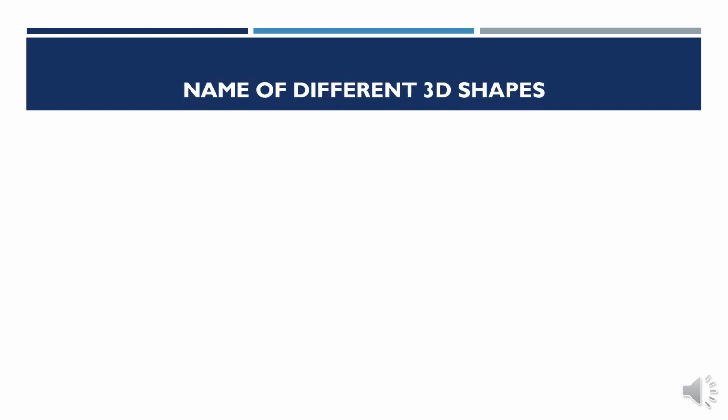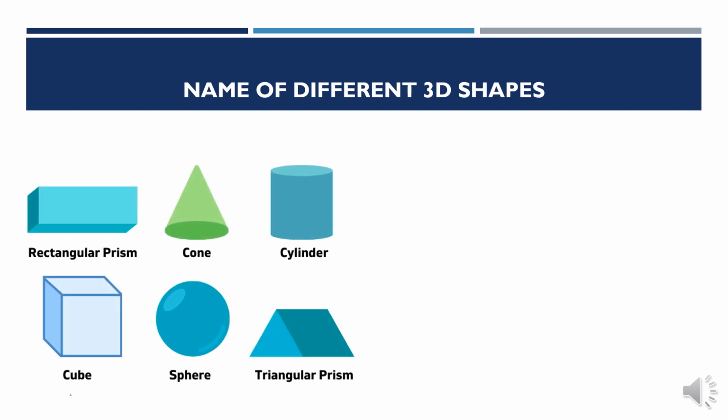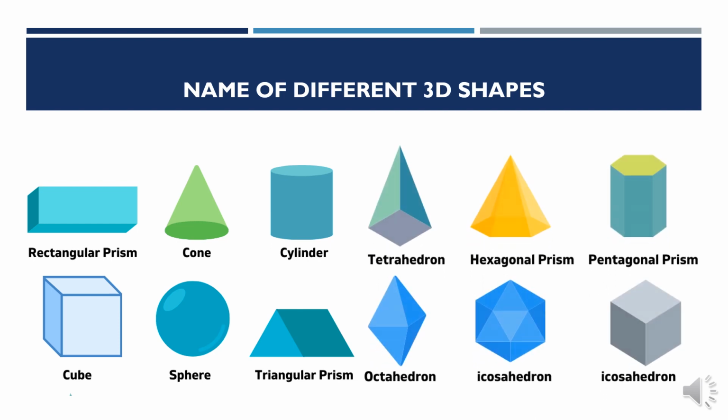Names of different 3D shapes. Now let's talk about the names of different 3D shapes. Rectangular prism, cone, cylinder, cube, sphere, triangular prism, tetrahedron, hexagonal prism, pentagonal prism, octahedron, and icosahedron.